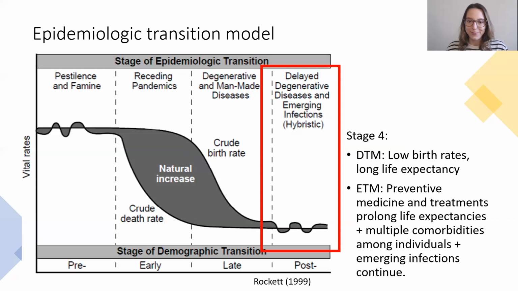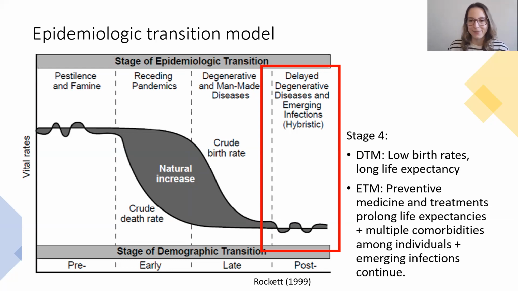This is also important because the epidemiologic transition model tells us that because of improved treatments and preventative medicine, such as public health programs, people are living longer, but they're not necessarily living healthier lives.